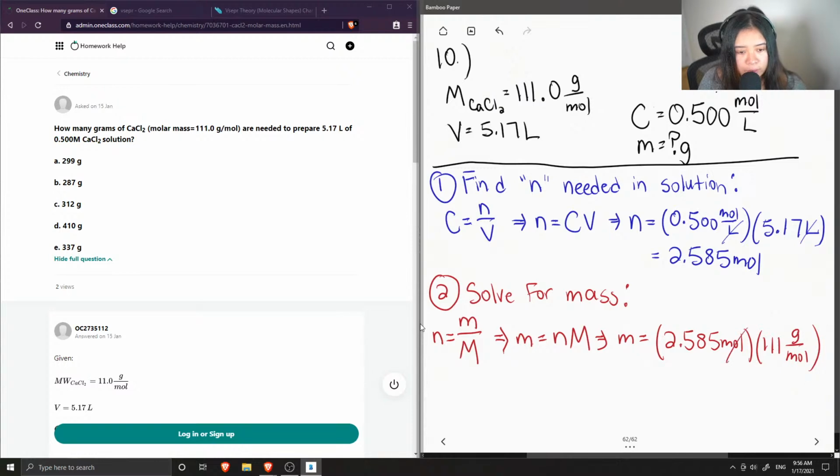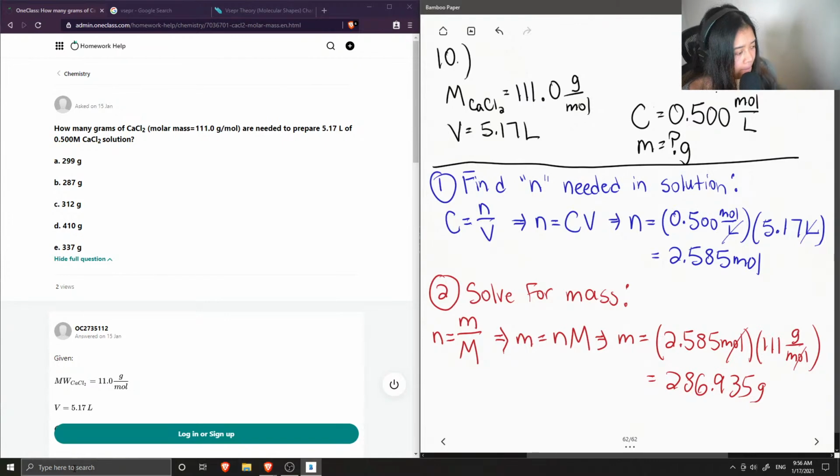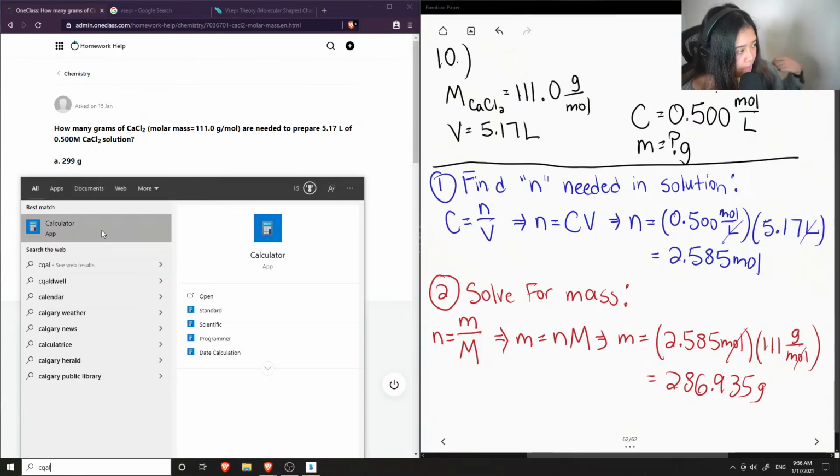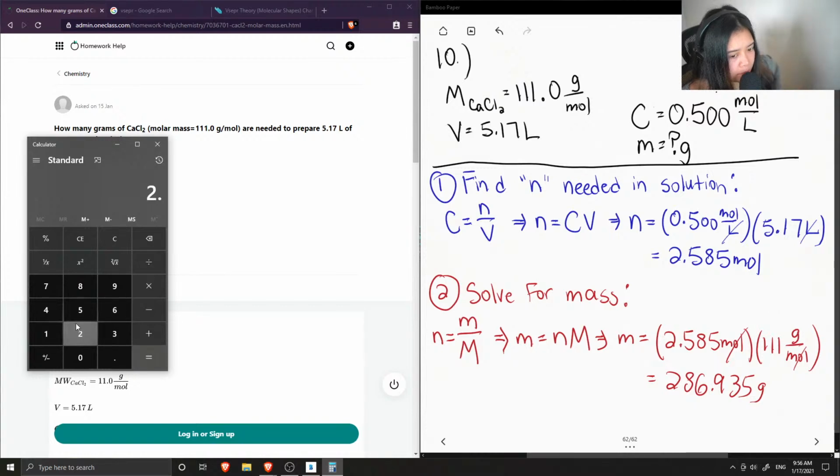So now our moles will cancel out and we're left with our answer in grams, which should be around 286.935, I think my notes say. Let me double check that. 2.585 times 111, 286.935.